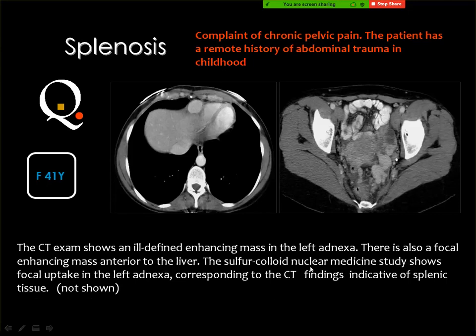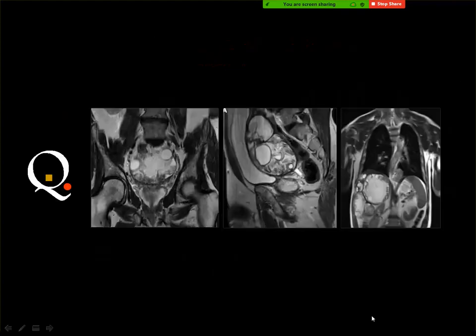Excellent. And this history is suggestive. Whenever you get a history of trauma or abdominal surgery related to the spleen, you may think that some of the splenic tissue has migrated away from the splenic bed and distributed through the abdomen, and you get splenosis.